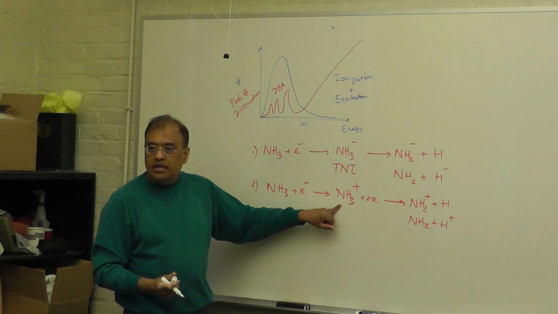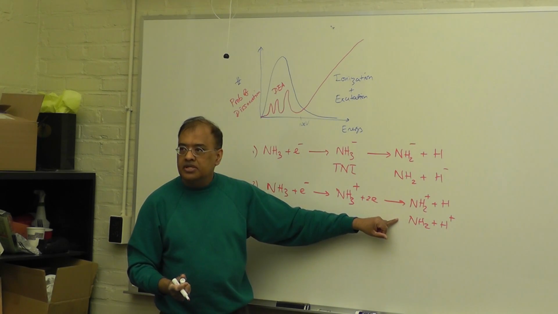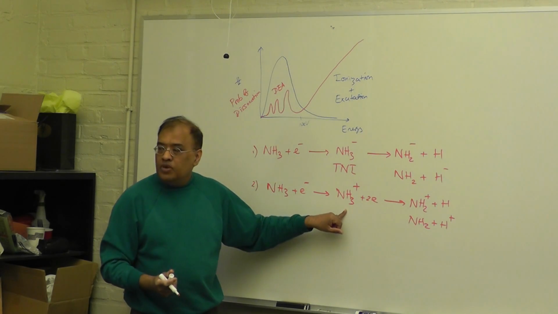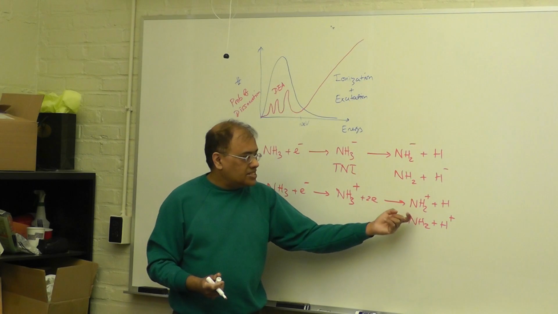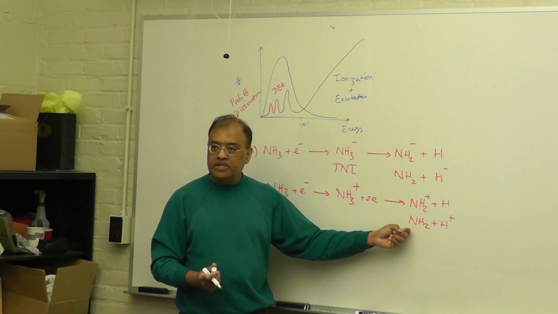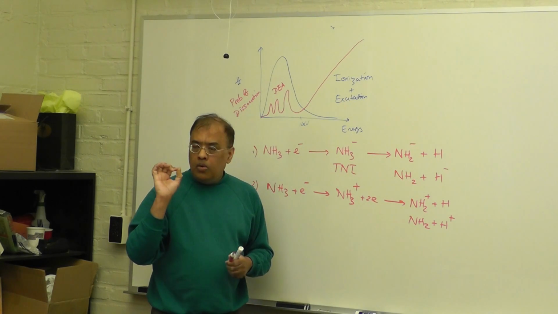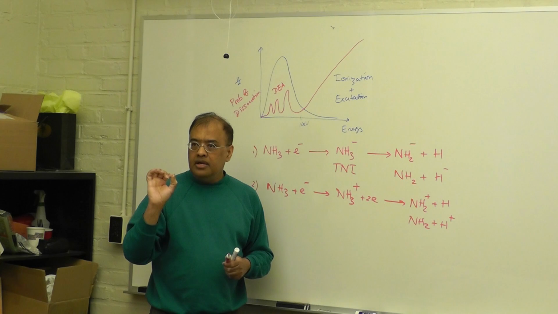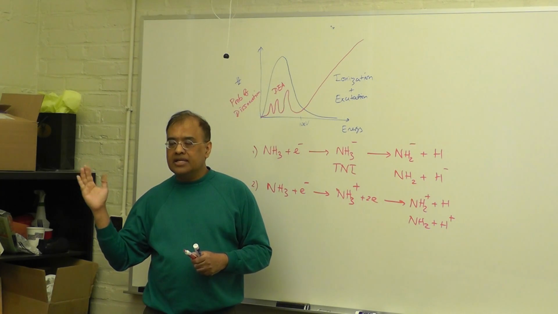Okay, so the cation breaks apart and forms these species. This is exactly what is going on inside a mass spectrometer. Okay, it fragments, and therefore you're able to see these different species in the mass spectrometer, because the mass spectrometer allows only one positive ion to go through the quadrupole and strike the detector at a given time.